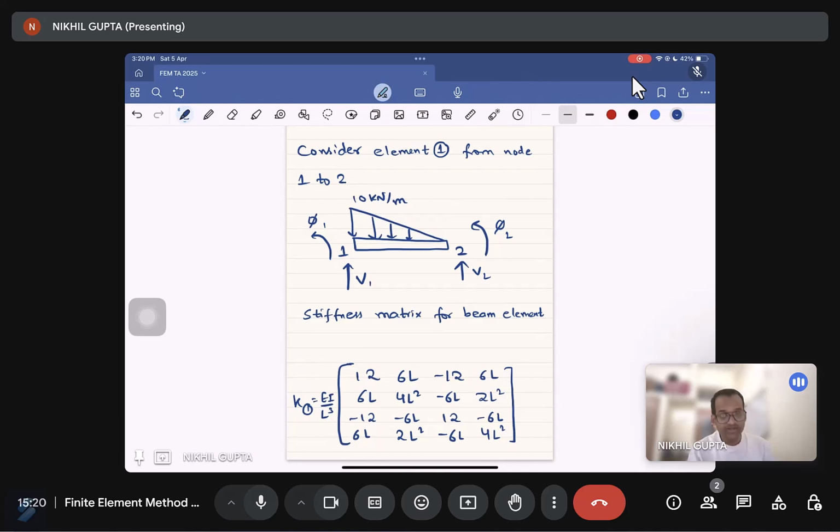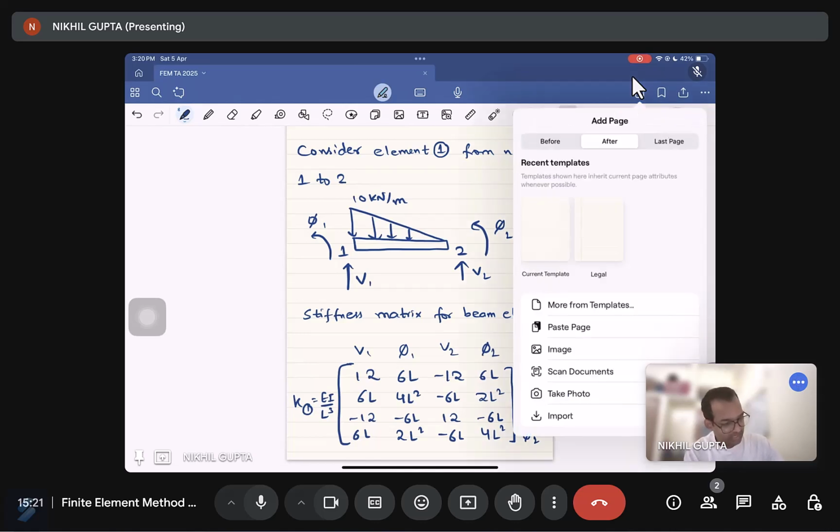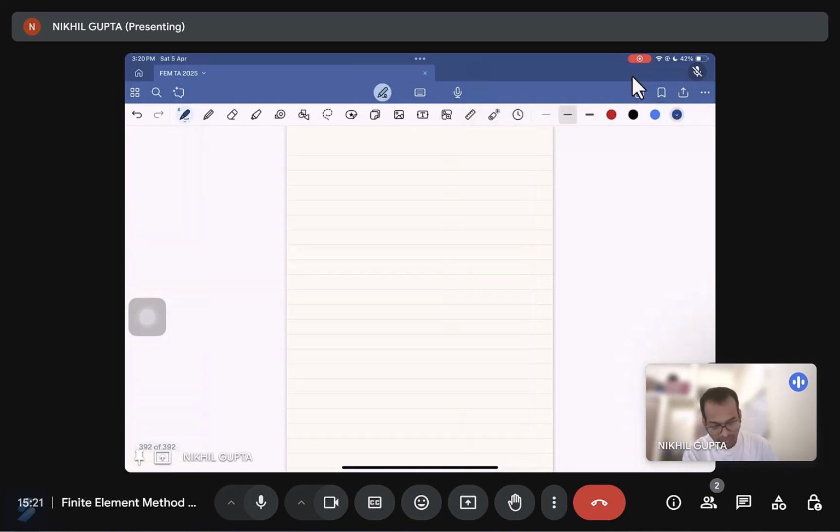The degrees of freedom corresponding to it will be V1, phi 1, V2, phi 2, similarly V1, phi 1, V2, phi 2. So you all know about this. Let's solve for the values.